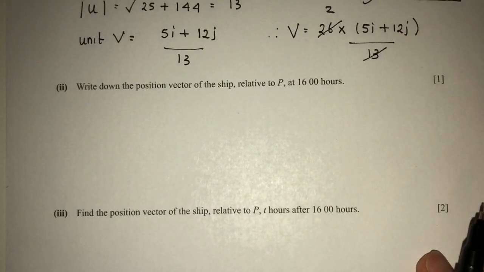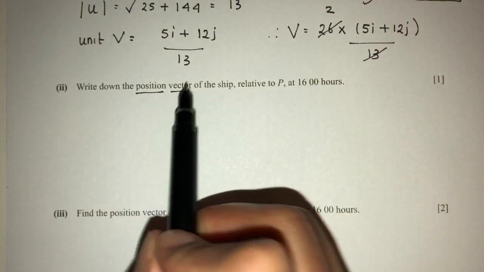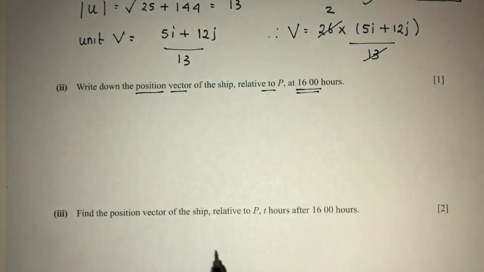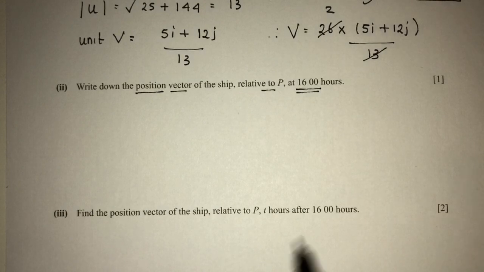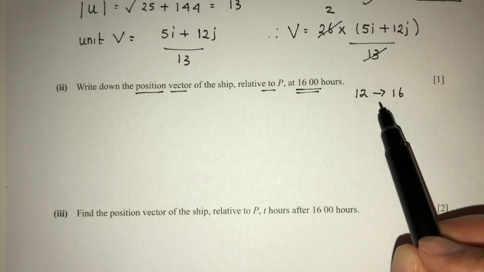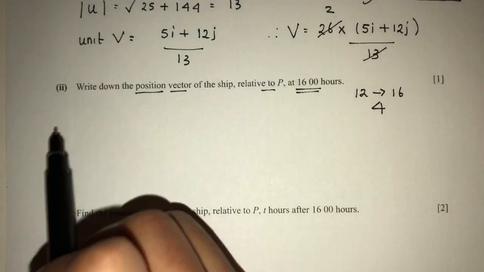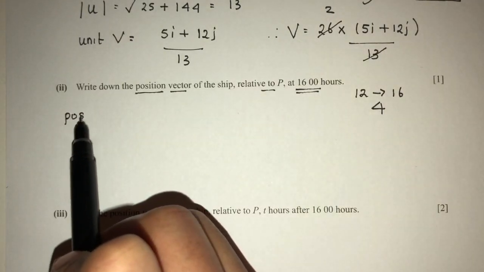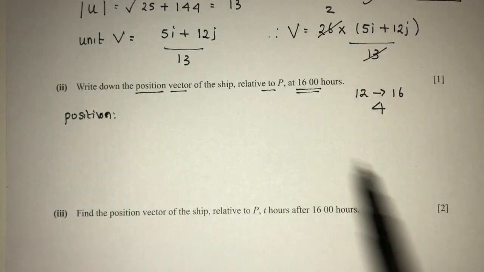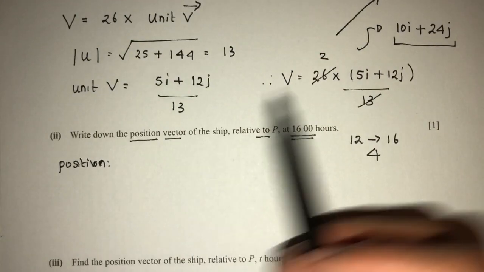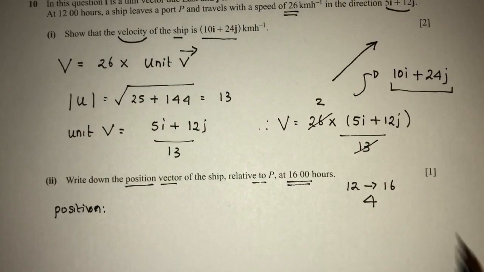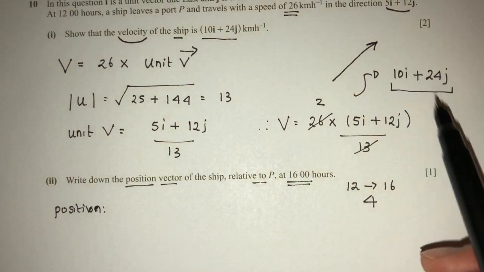Now for part 2, write down the position vector of the ship relative to P at 4 o'clock. From 12 o'clock to 4 o'clock, 4 hours have passed. So the position vector, pretty easy, we just take the velocity right here times 4, because it was initially at that value.